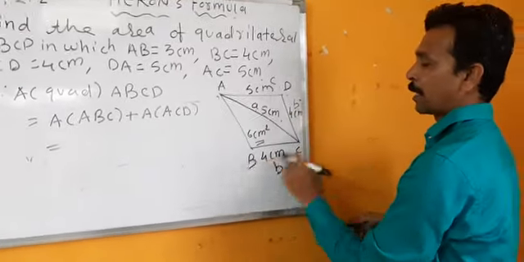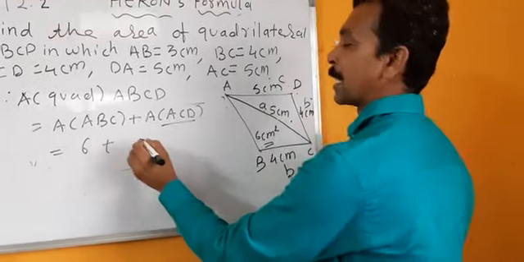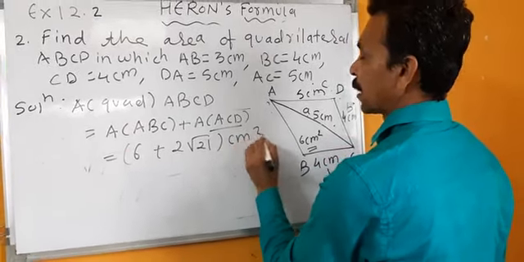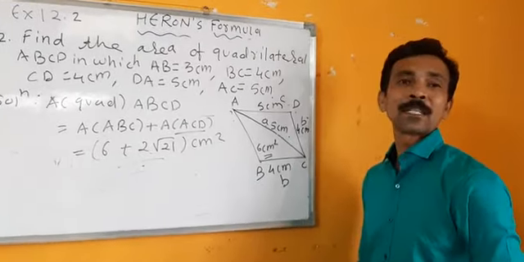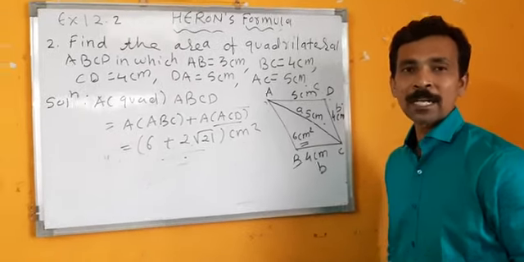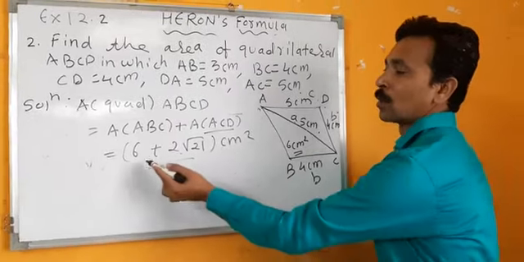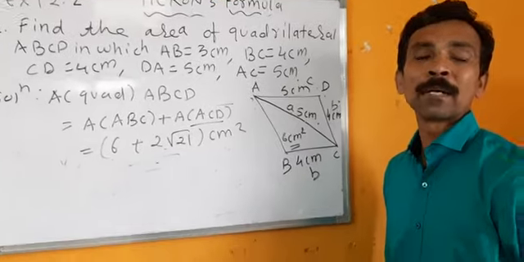What is area of triangle ABC? 6 plus what is area of triangle ACD? 2 root 21 centimeter square. Because 2 root 21 is an irrational number, 6 is a rational number, and we know addition of a rational and irrational number is irrational. We cannot add it or subtract it. So area of quadrilateral ABCD is 6 plus 2 root 21 centimeter square.